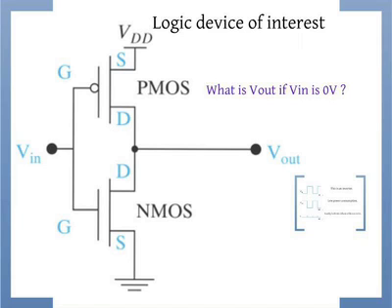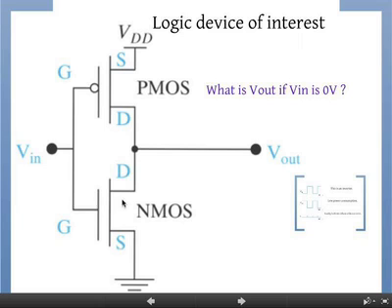NMOS is off. Okay? Now, if you think about this from a very simple switch perspective, the PMOS is on means this is essentially a closed circuit with low resistance. NMOS being off means this is an open circuit. Right? So what's V out? Yeah.